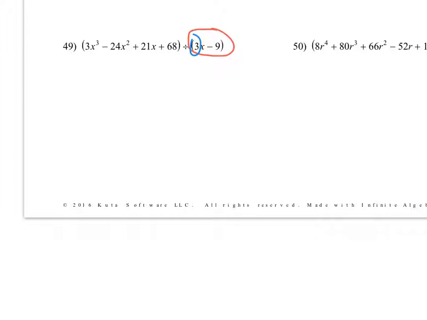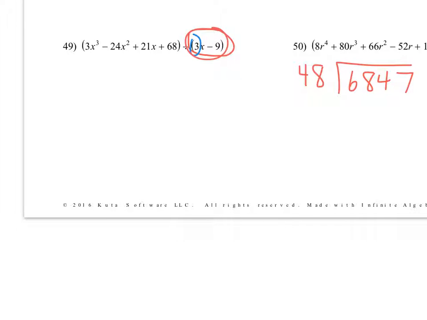Now, if you think about long division numerically, for instance, 48 into, let's say, 6,847. You set it up this way.